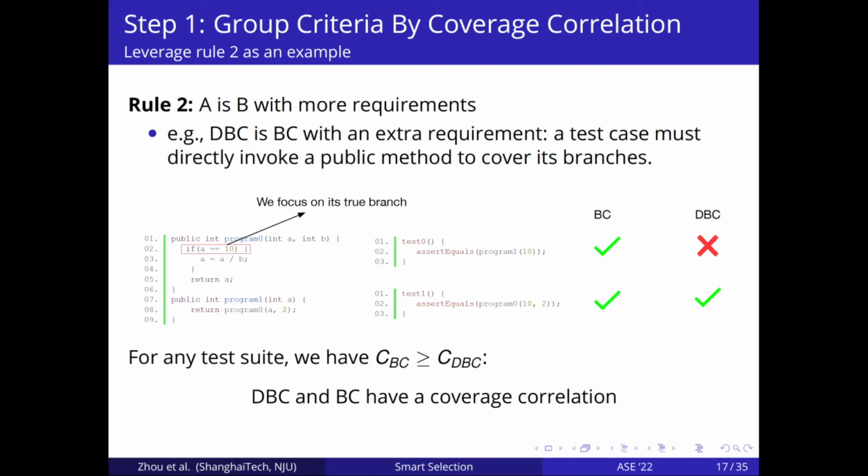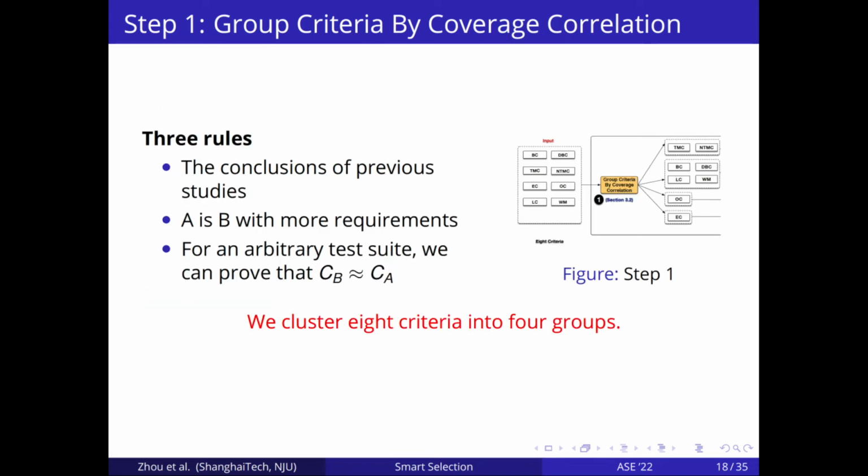The second test fulfills both of them, since it covers this branch by directly calling program 0. Hence, we can conclude that for any test suite, coverage BC is no less than coverage DBC, so they have a coverage correlation. In conclusion, we cluster 8 criteria into 4 groups using 3 rules.